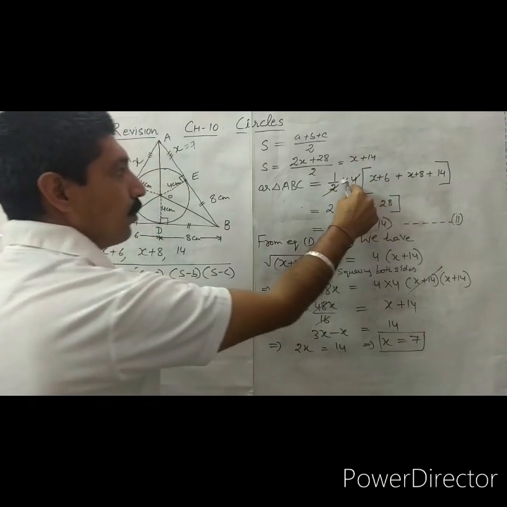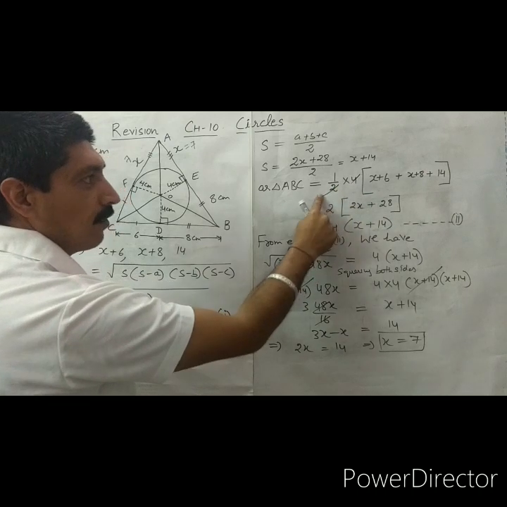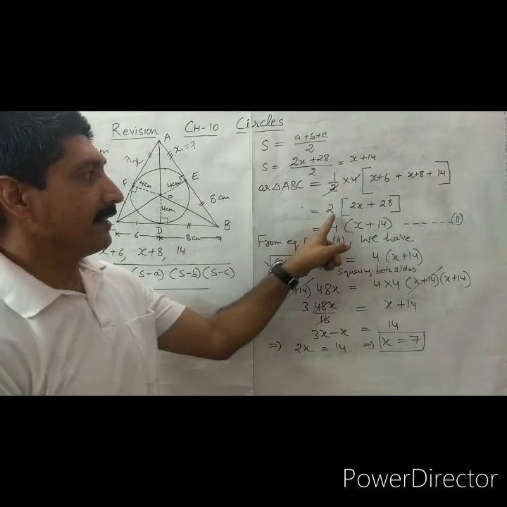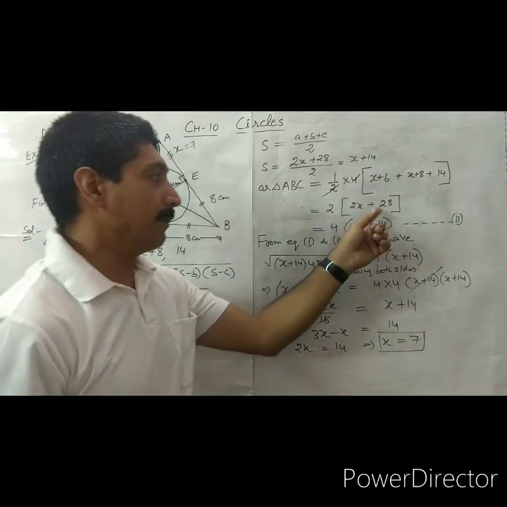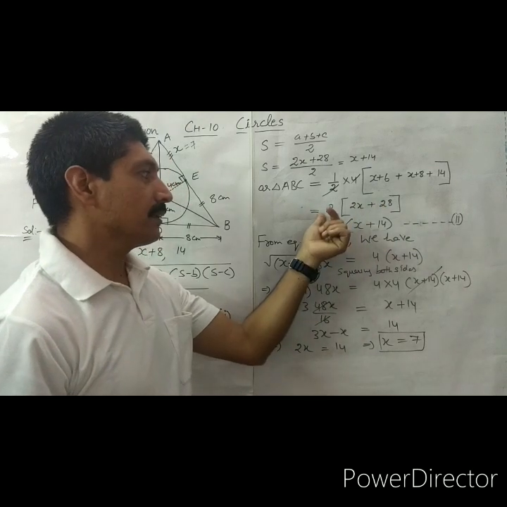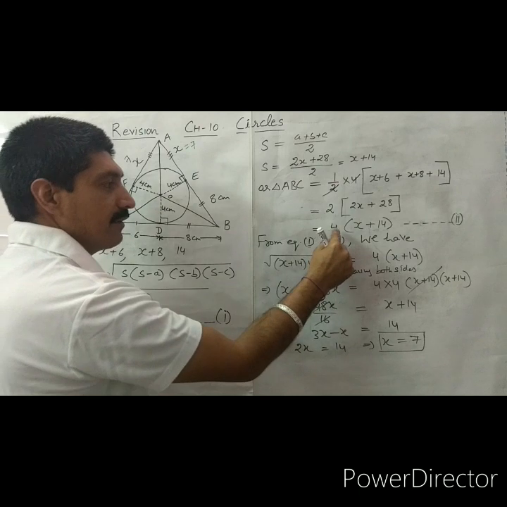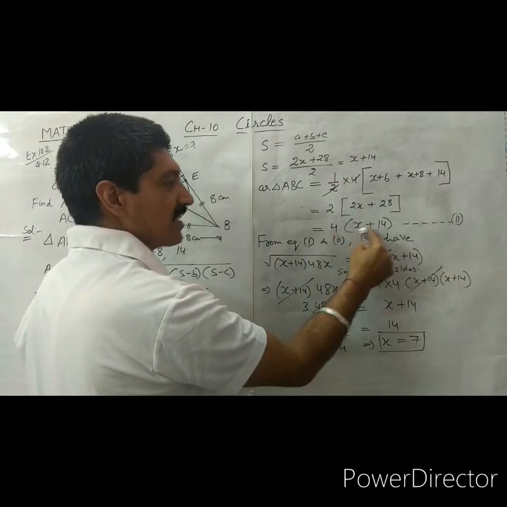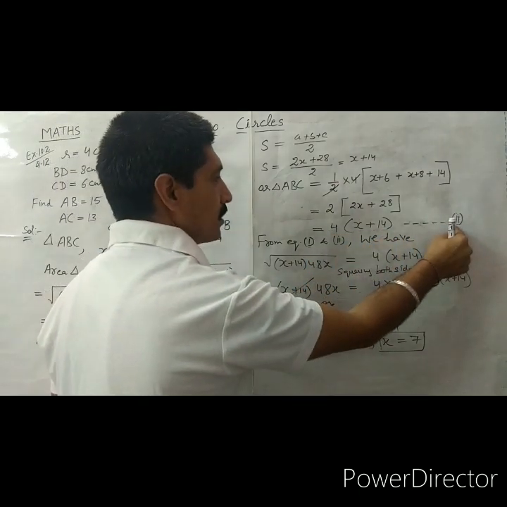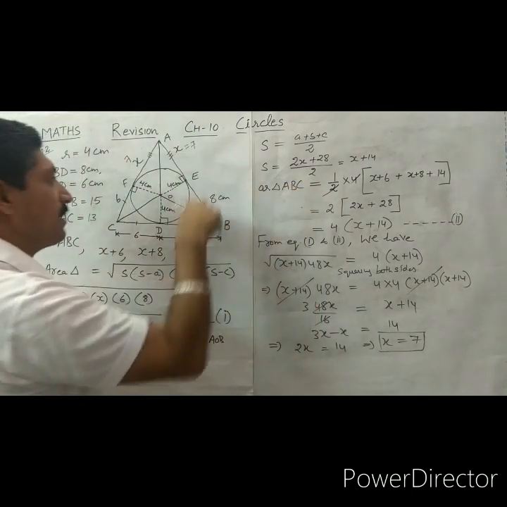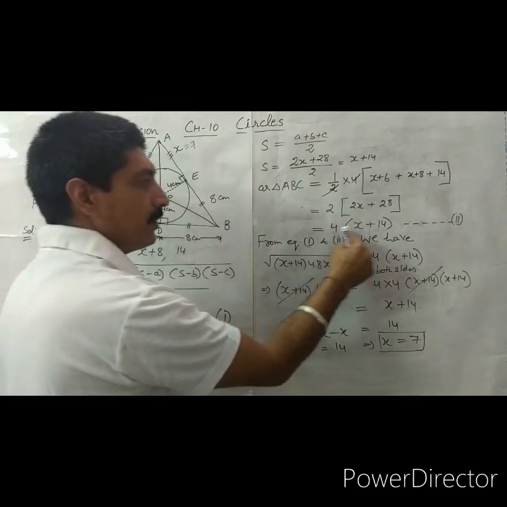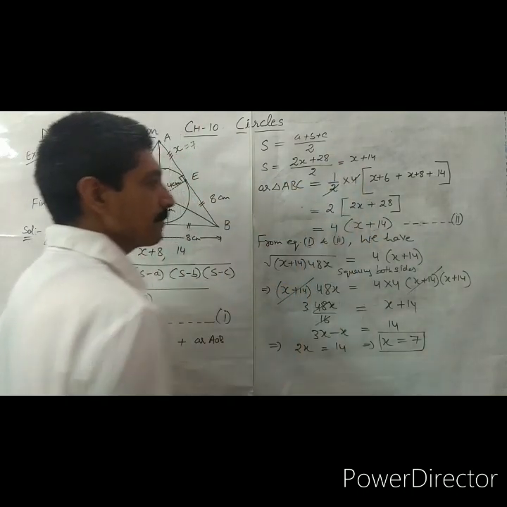So I have taken 4 common outside, half common for three triangles, and here I am taking 2 common. So by taking 2 common, we got 4 into x plus 14. This is the second equation. So area of triangle, this ABC triangle, is 4 into x plus 14.